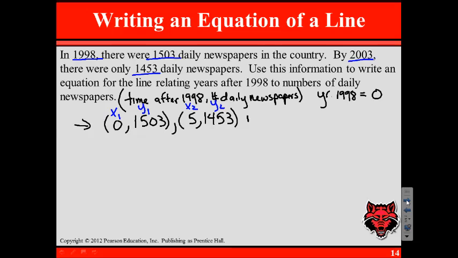Remember, the slope formula is m equals y2 minus y1 over x2 minus x1. Using our labeled information, we have 1,453 minus 1,503 all over 5 minus 0. That will give us negative 50 over 5, which equals negative 10.